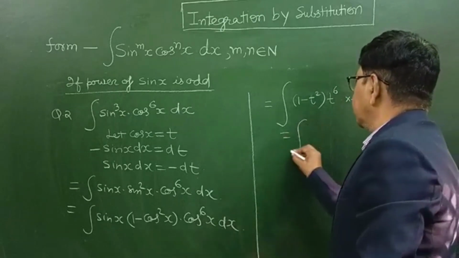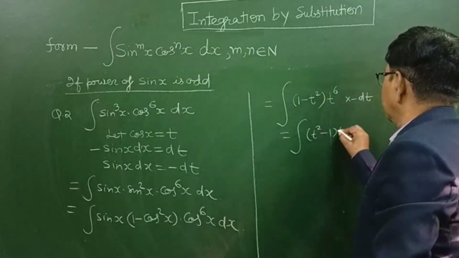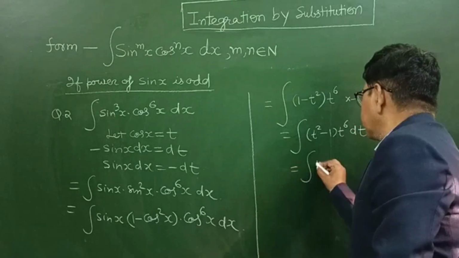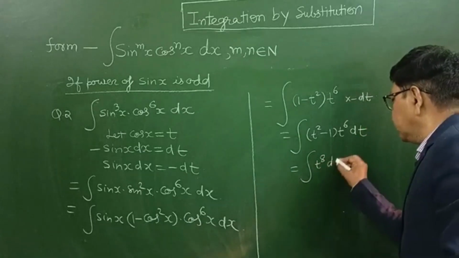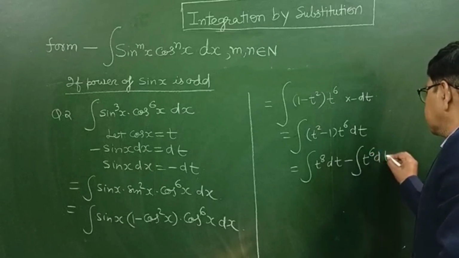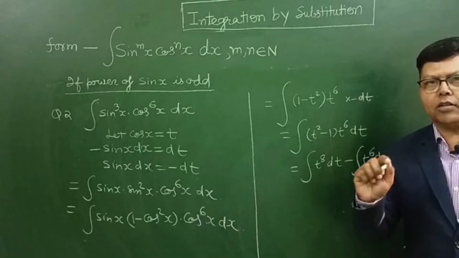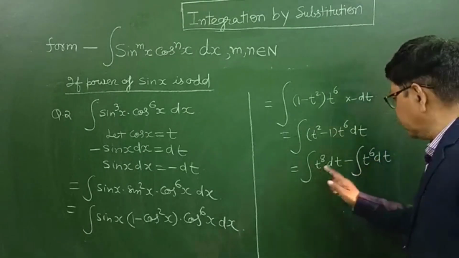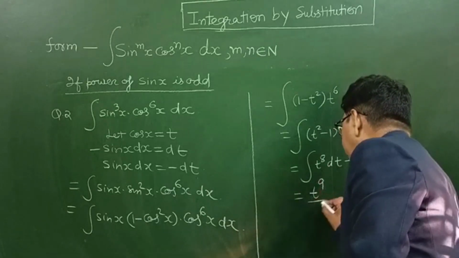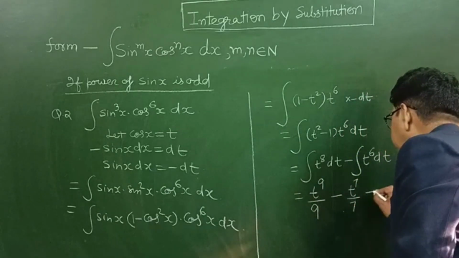If we multiply by the minus sign, it equals the integral of (t^2 minus 1) into t^6 dt, which is the integral of t^8 dt minus the integral of t^6 dt. By the rule of x^n, which is x^(n+1) upon n+1, this is equal to t^(8+1), that is t^9 upon 9, minus t^7 upon 7 plus c.